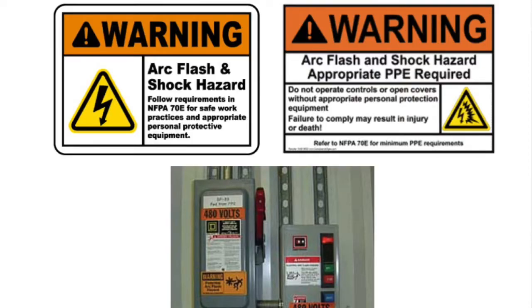Now let's look at what a non-compliant label looks like. Here we see two different types of labels that look very familiar if you walk across a lot of plants and facilities. These are just generic labels that the manufacturer might put on as the equipment is supplied. It really is just saying, hey, there's an arc flash here.